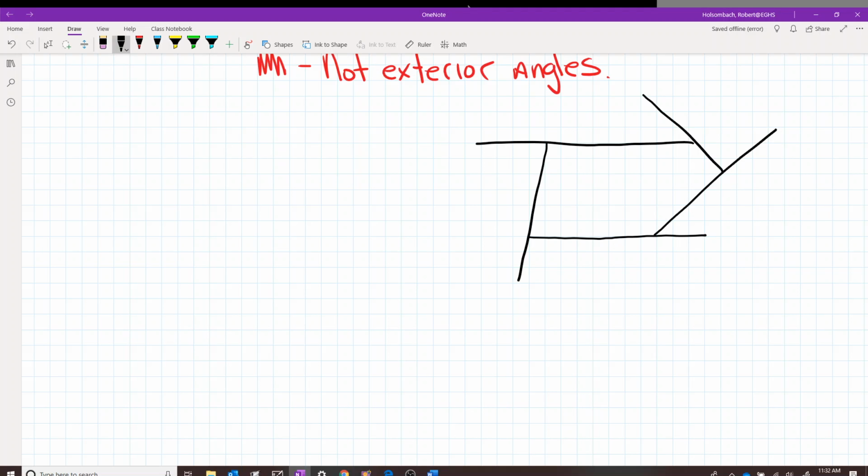It's a pentagon. Each exterior angle is represented by an expression. What do those five exterior angles have to add up to? They have to add up to 360.